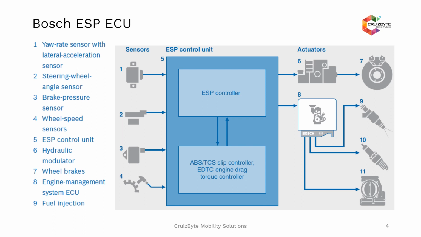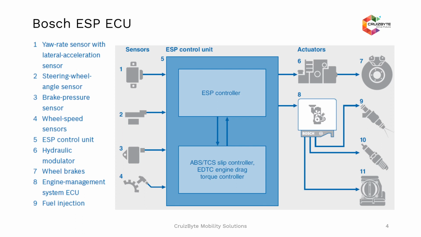So why does the ESP show engine management system and fuel injection system? Because whenever an ESP intervention happens, the engine ECU reduces or increases the torque, depending on the electronic stability program controller request.